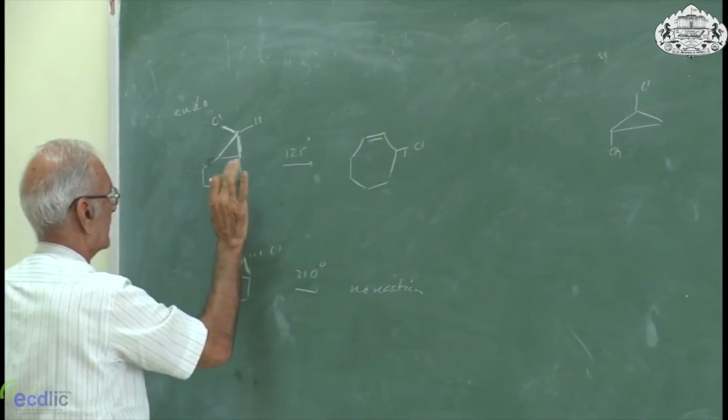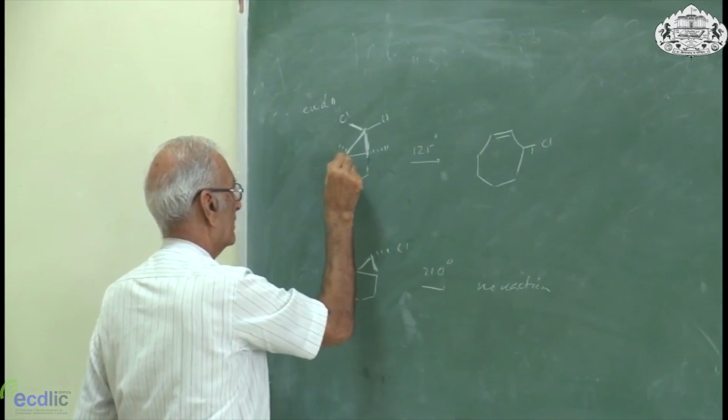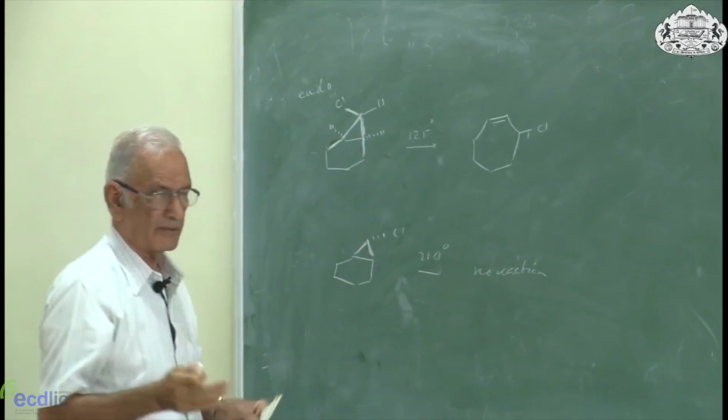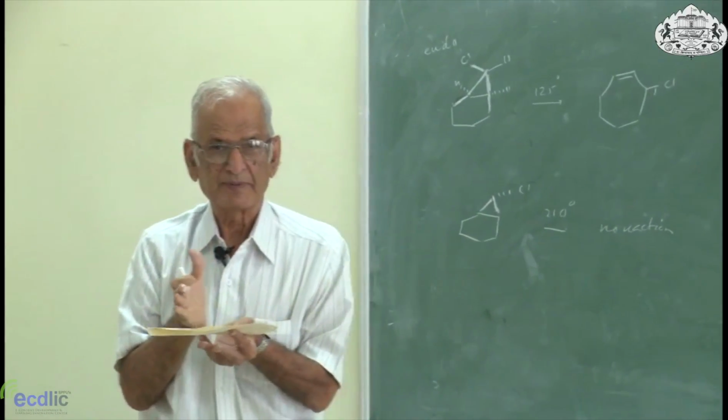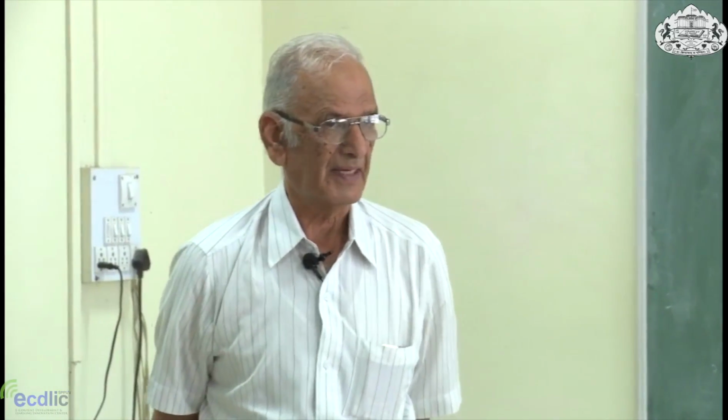Your hydrogens are below and your chlorines are on the same side as your R groups.